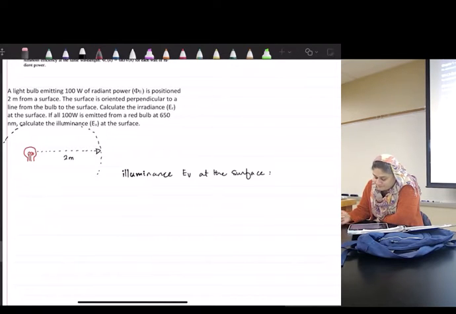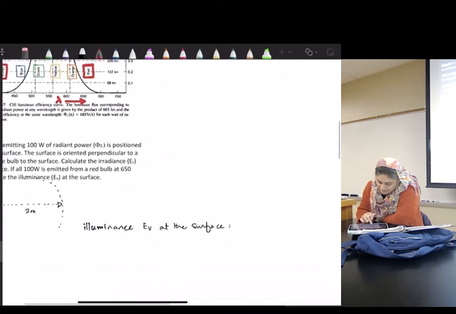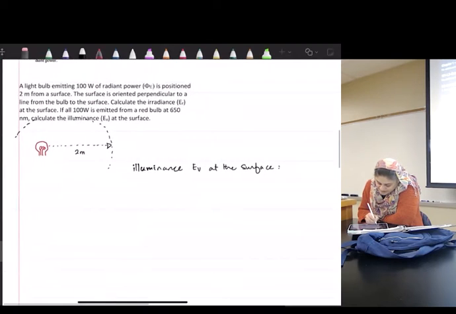So if the light bulb is the one that's emitting, I can find the irradiance of it anywhere. So I can find irradiance by using the formula for irradiance, which was E equals delta phi E divided by delta A. Yes? So this is the area of the source.